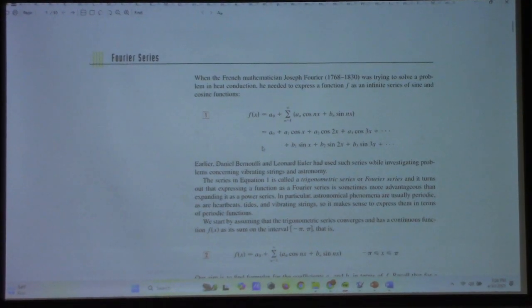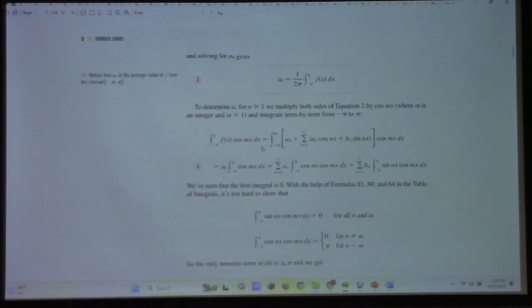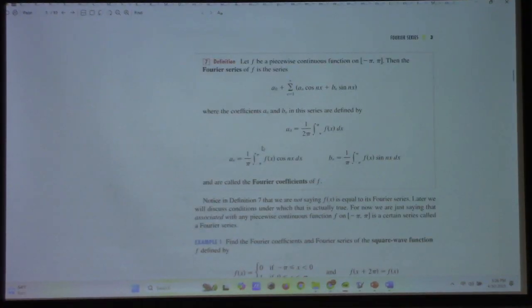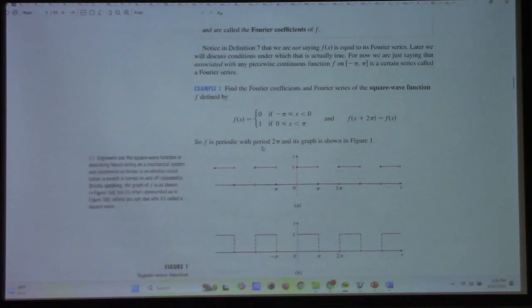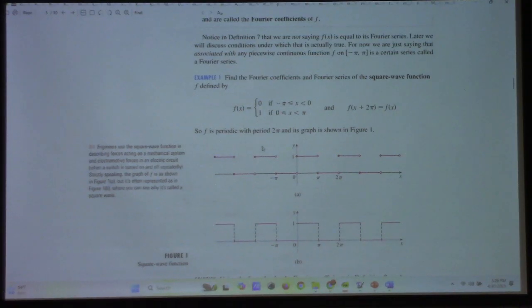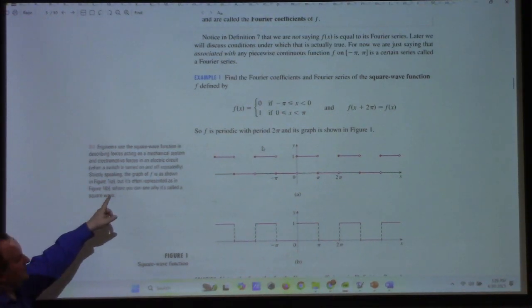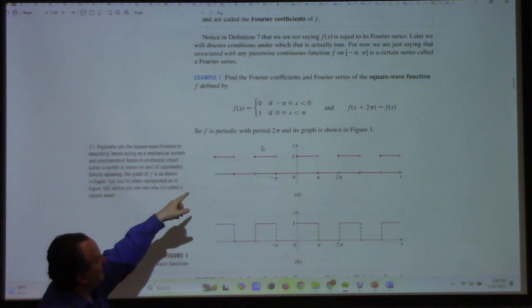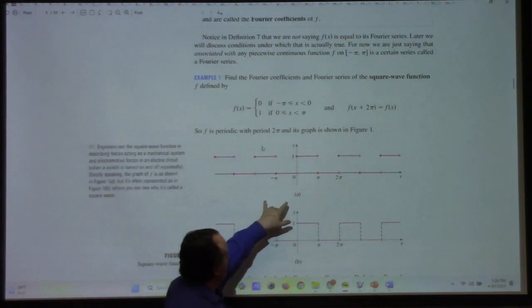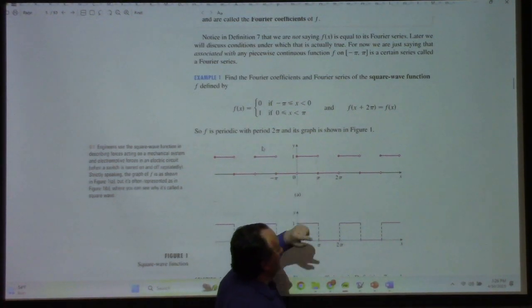So this is a handout. It's actually an appendix to Stewart. Stewart has an electronic appendix on Fourier series. It's intended for a Calculus 2 audience. I'll try to post a link to it in the announcements. If you look in here, he calculates it for the square wave function. So f of x is a periodic square wave, 0 here and then 1 here.